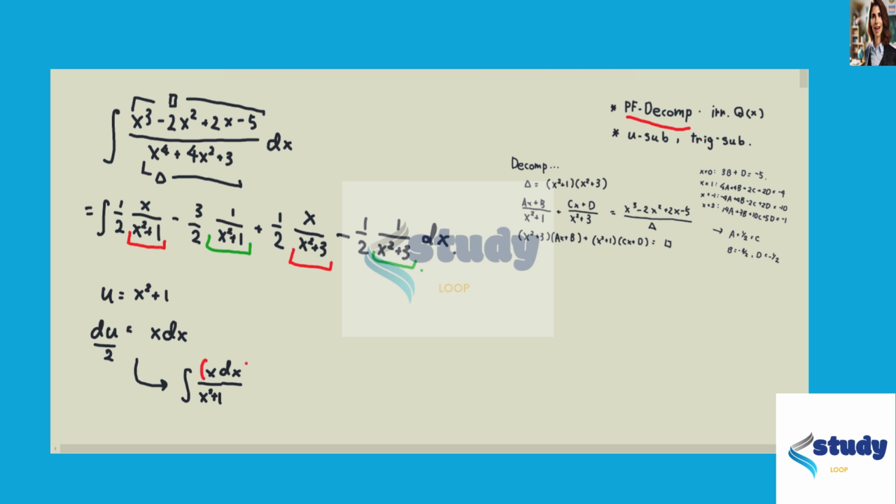This portion is du divided by 2. This portion is u. So by substitution, I was able to get 1 half integration of du over u, or 1 over u du if you prefer that notation, but we all know that this is just a natural log of absolute value of u.